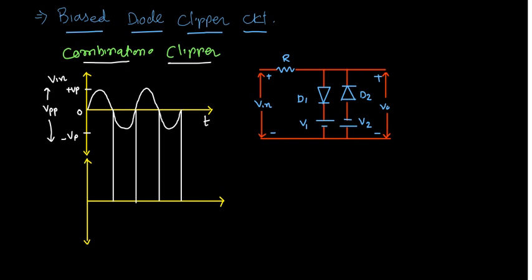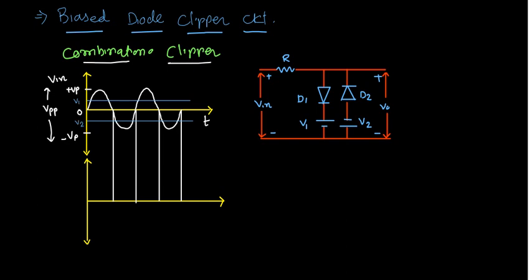As I know this one is a positive bias and this is a negative bias, so we can directly draw these two reference lines. Suppose V1 is less than V positive peak and V2 is the negative bias. Suppose both are equal, but one is positive and one is negative. I'm taking both as references, this is V1 and this is V2.